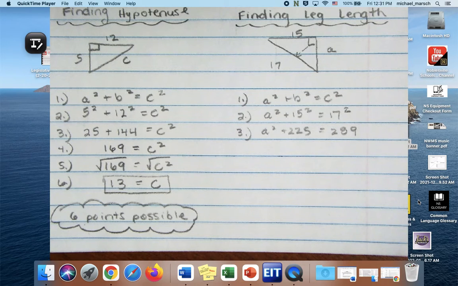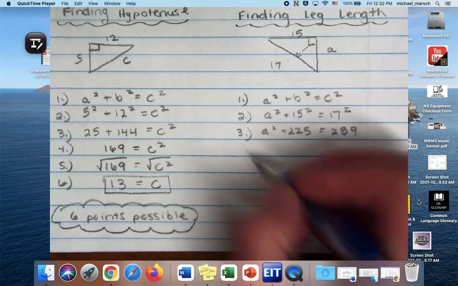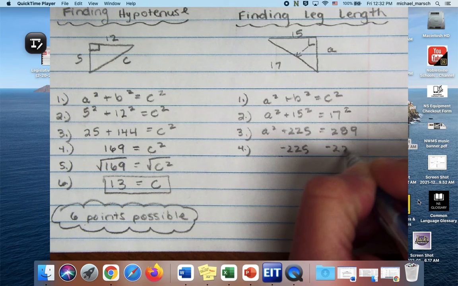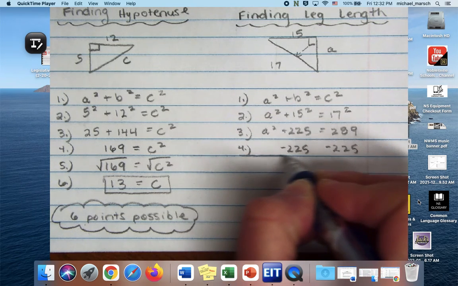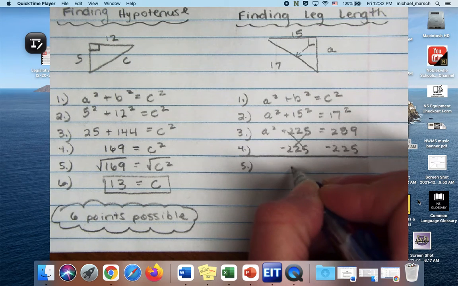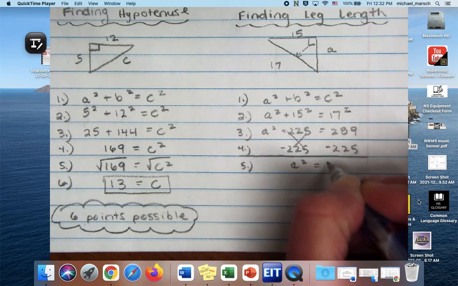Good. 17 times 17, right? Here's the extra step. Who remembers from the video what I have to do now that's different than hypotenuse? Hannah. Yep. So my 4th step here is to subtract the 225 from both sides. And my 5th step is now I'm left with A squared equals 64.